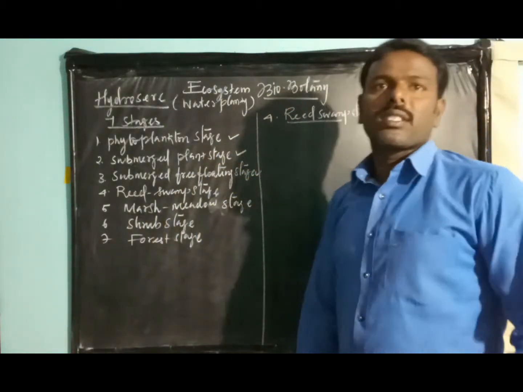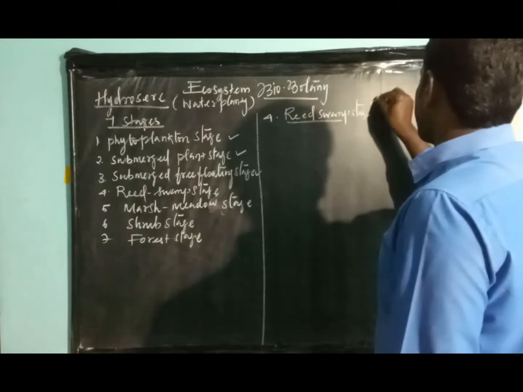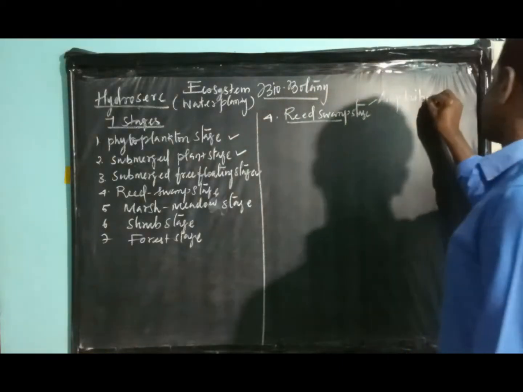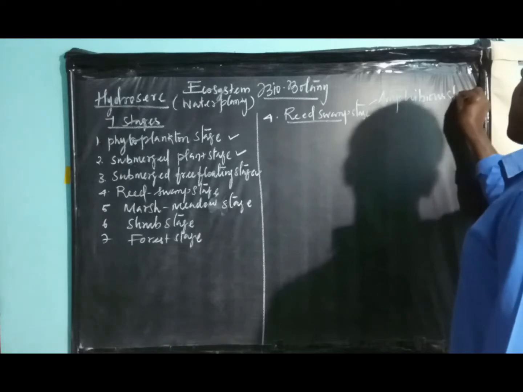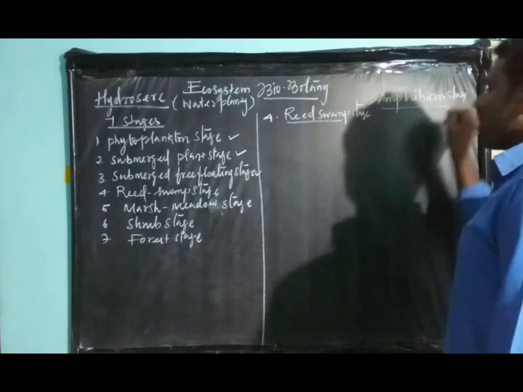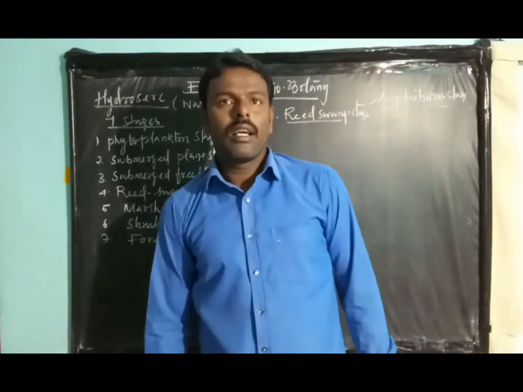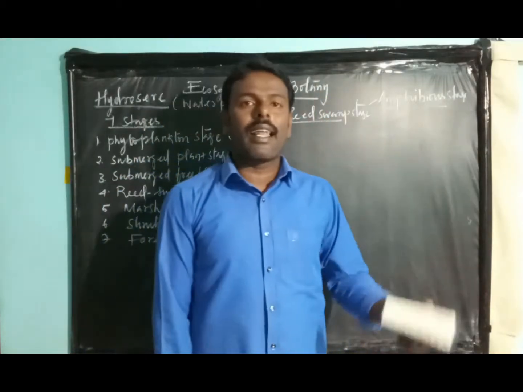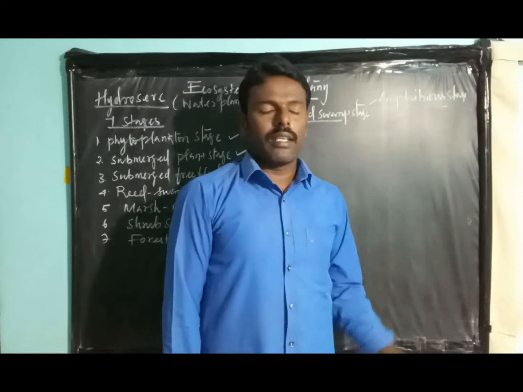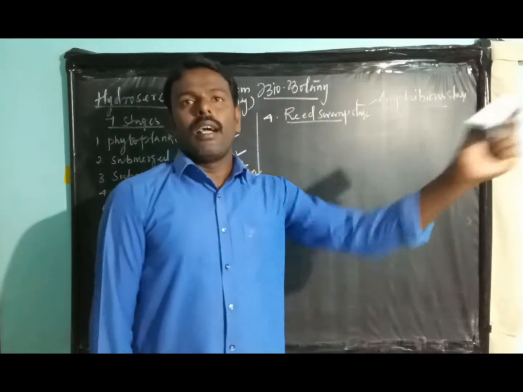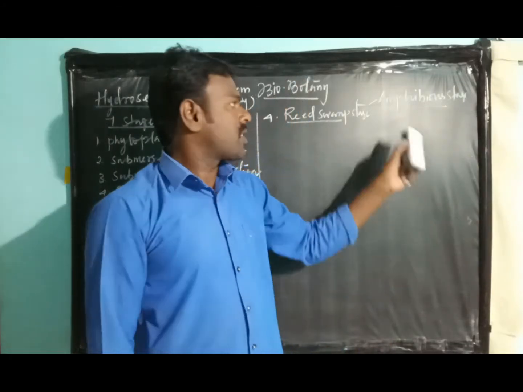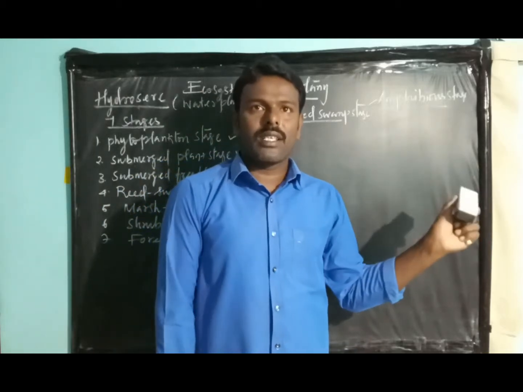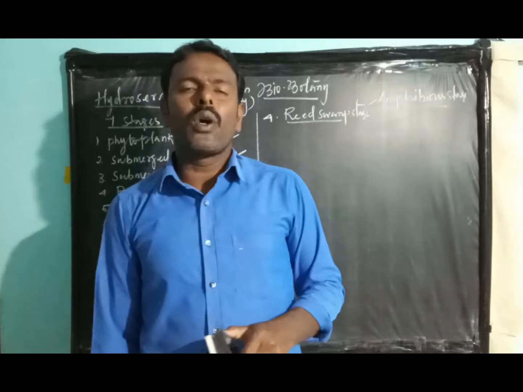It is also called the amphibian stage. What is meant by the amphibian stage? These kinds of plants live both on land and in water. That's why they are amphibious plants.